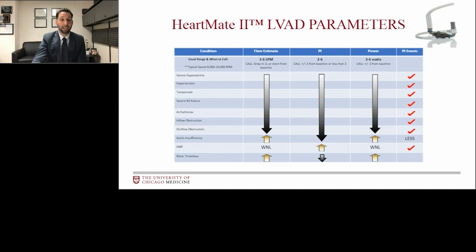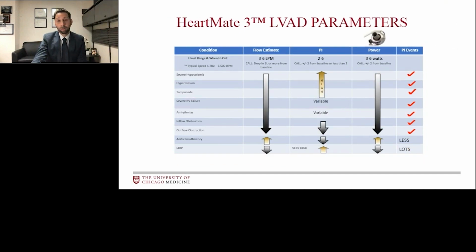The very last thing I'm going to point out is really what we've been focused on for the entire talk, the difference in the pulsatility index between the HeartMate 3 and the HeartMate 2. In clinical scenarios that lead to underfilling of the left ventricle, the HeartMate 3 is able to nicely see this variation of flow and recognize it as a variation in power and picks up on this as an elevation in pulsatility index.